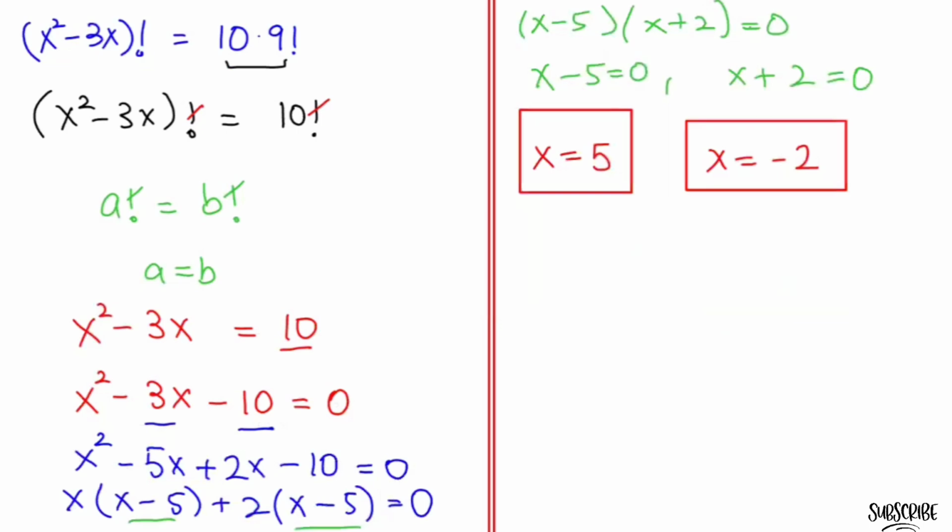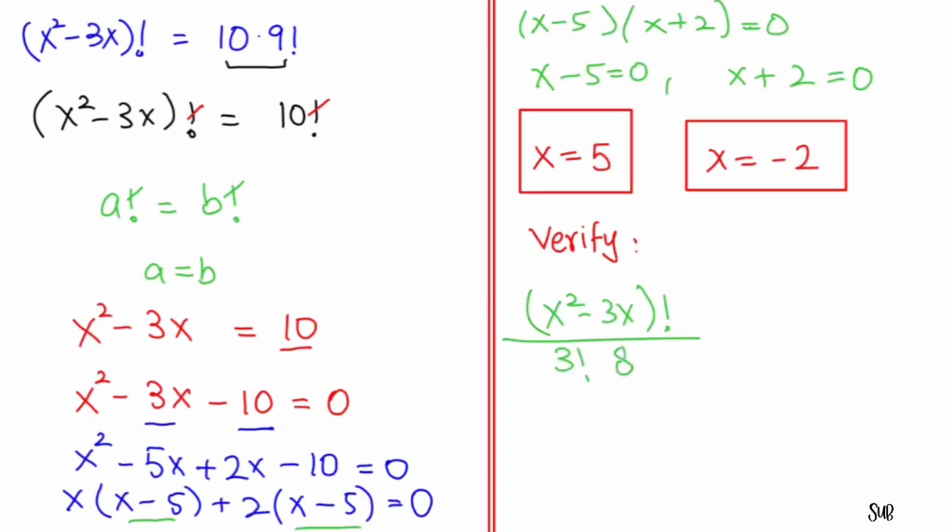Now it's time to verify my answer. Our expression is (x² − 3x)! over 3! 8! equals 15.